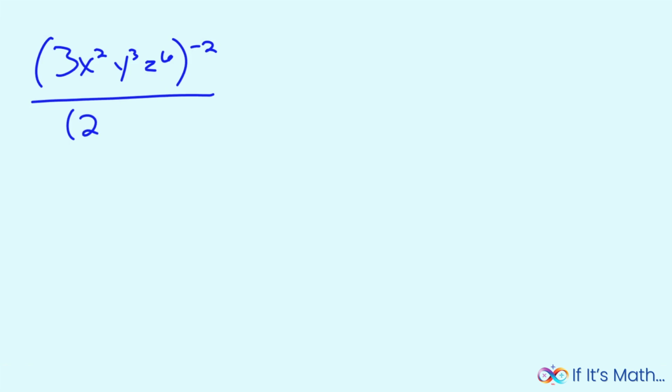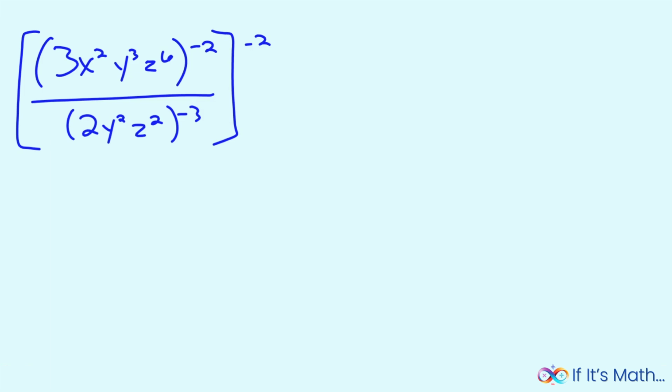So let's say that we have 3x squared, y to the 3rd, z to the 6th, all of that to the negative 2nd power, divided by 2y squared, z squared, to the negative 3rd. Sorry, not done. Let's do the whole thing raised to the negative 2nd power. Okay, if you can get through this one, you've got it down. So let's go ahead and walk through it.